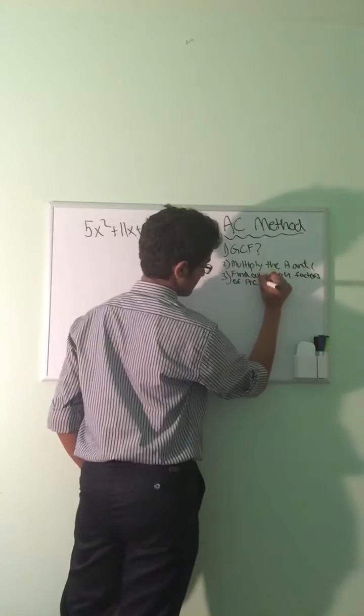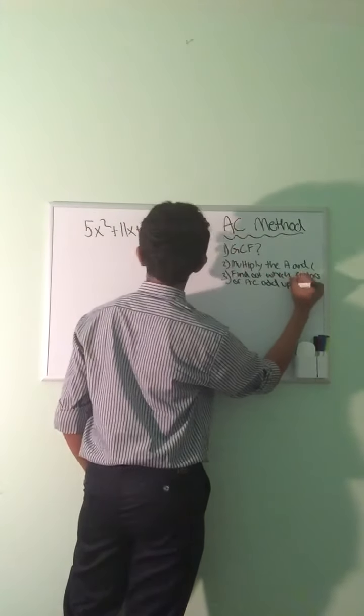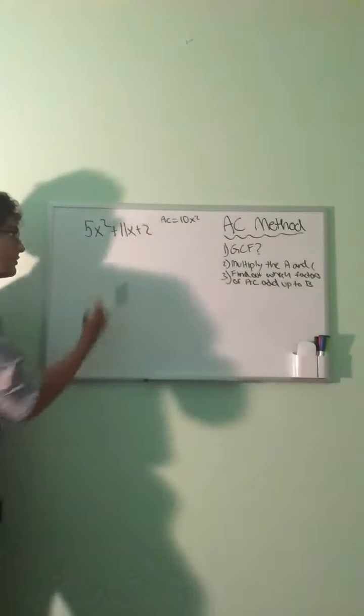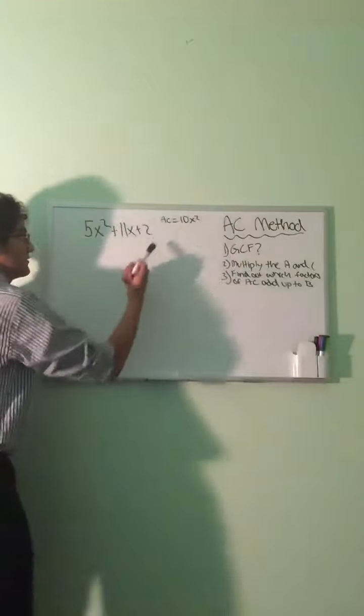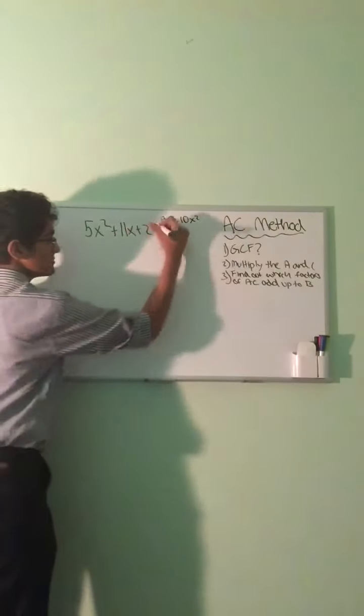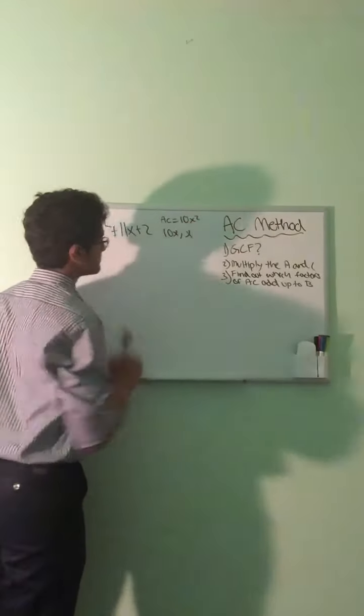Now, this is actually pretty simple. We have 10x squared. So the factors that would add up to 11x would obviously be 10x and x.